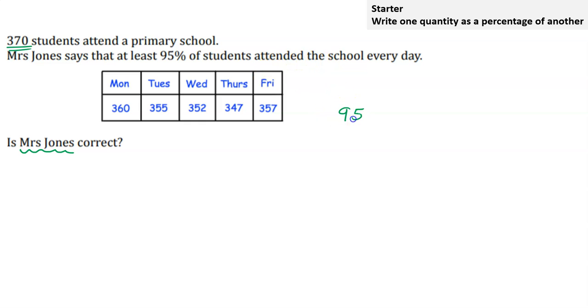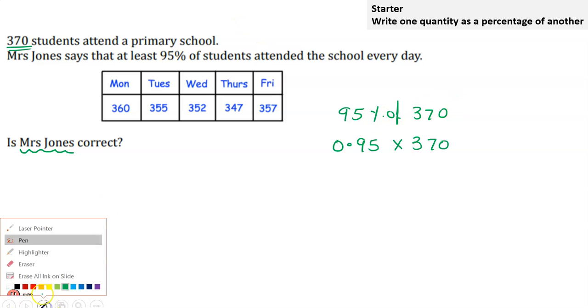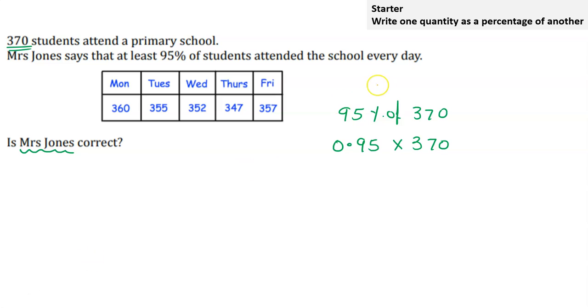So 95% of 370, 95% means 0.95 times 370. So how did we get 0.95? If you see here, 95% you can write as 95 divided by 100, and if you divide by 100 you get 0.95.